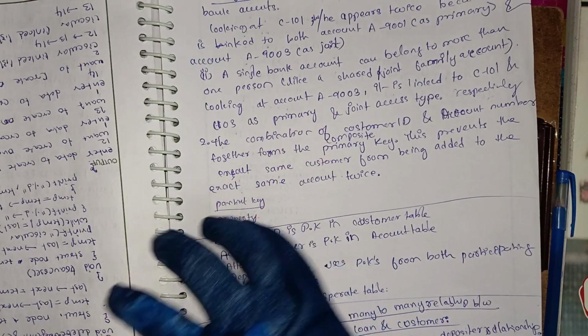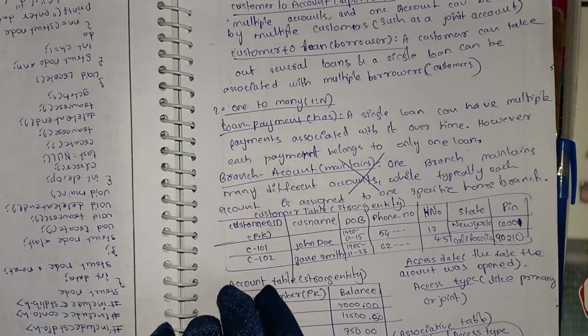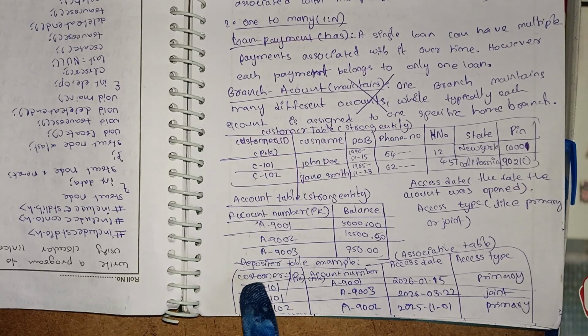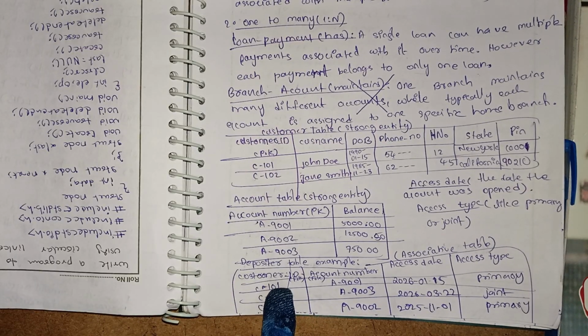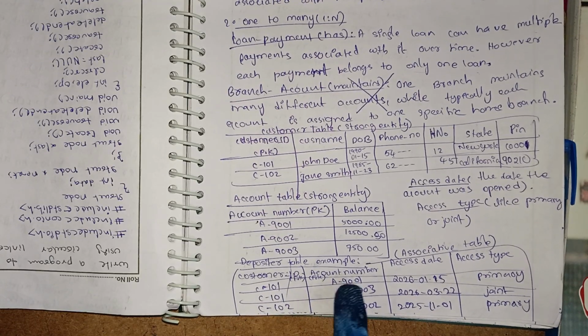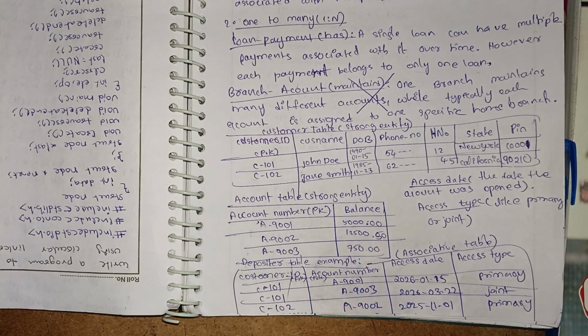So if we consider account number as a partial key, then its primary key is customer ID, and both combining uniquely identify each row in the table.